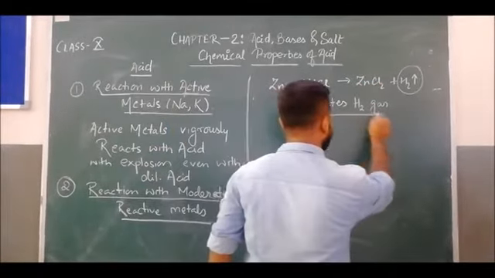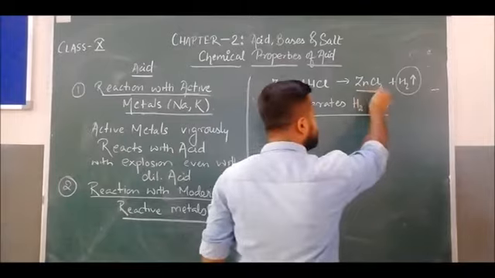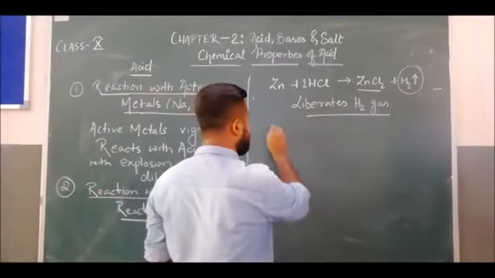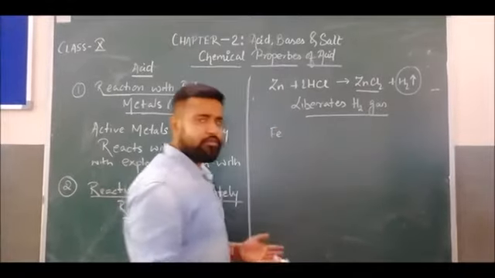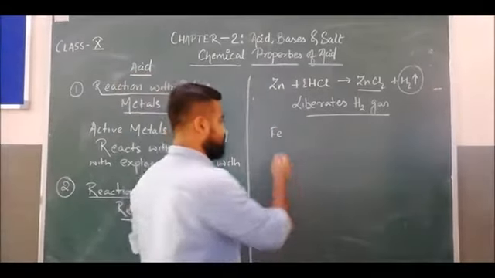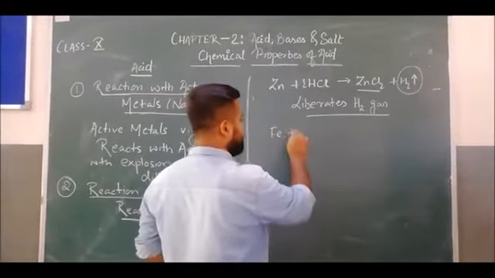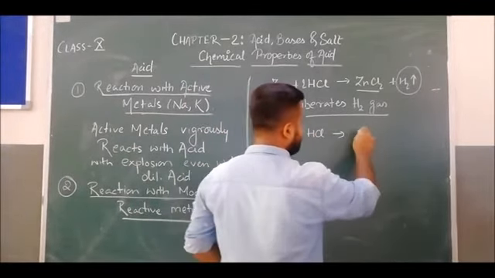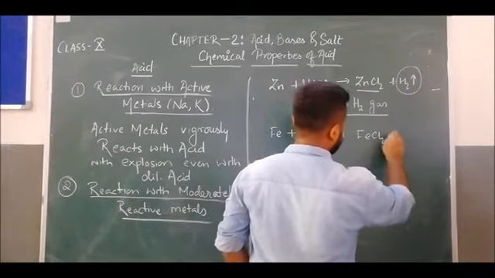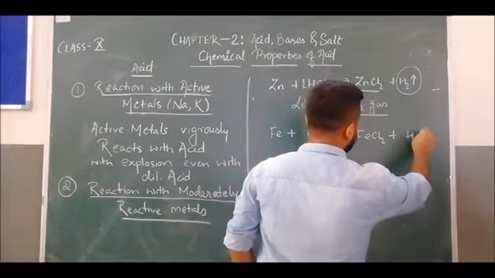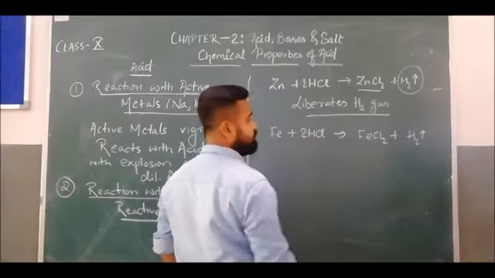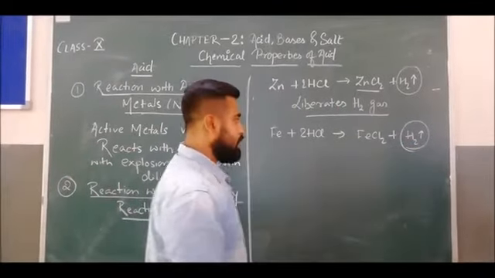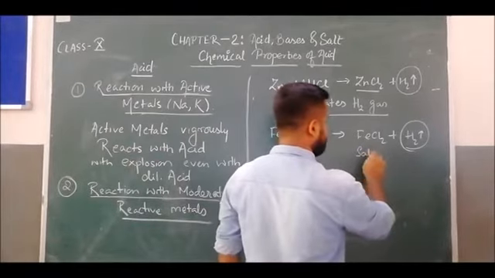The main property is that it liberates hydrogen gas and gives the salt. Similarly, another example, Fe, iron. It is also a moderately reactive metal. So Fe, when it reacts with HCl, gives FeCl2 plus H2. Same, salt plus hydrogen. Here also it liberates hydrogen gas and gives the salt.